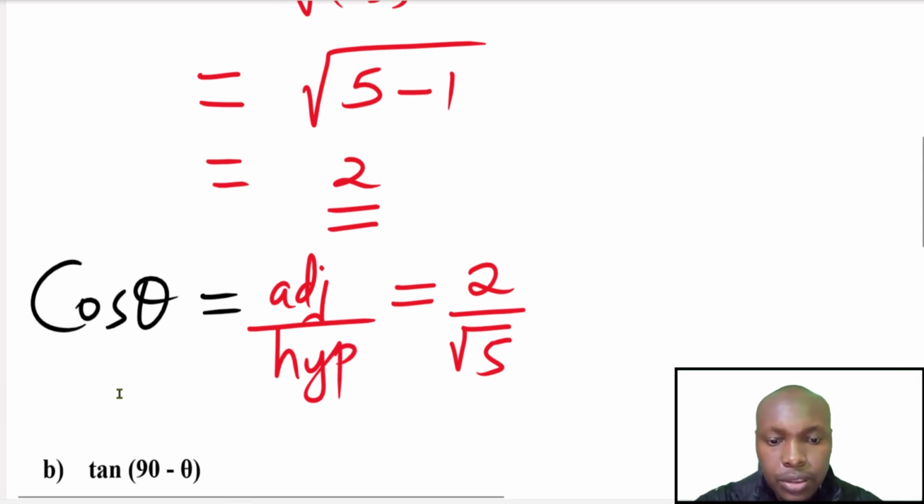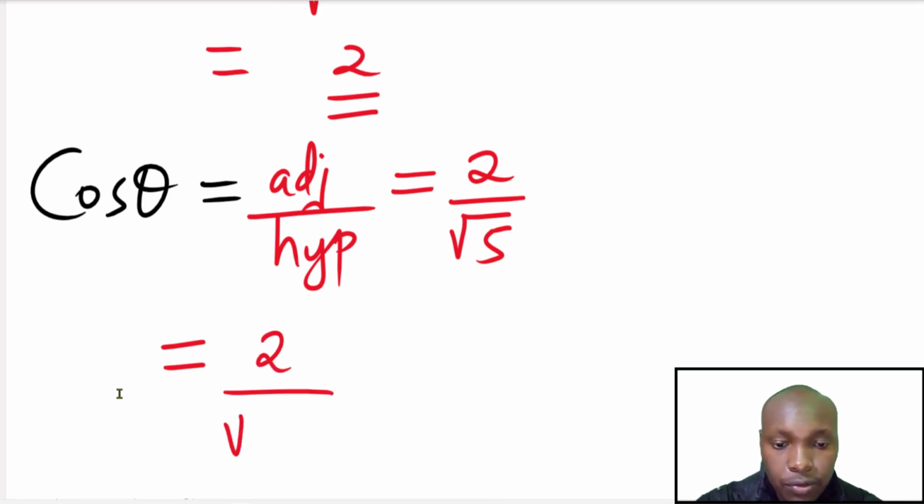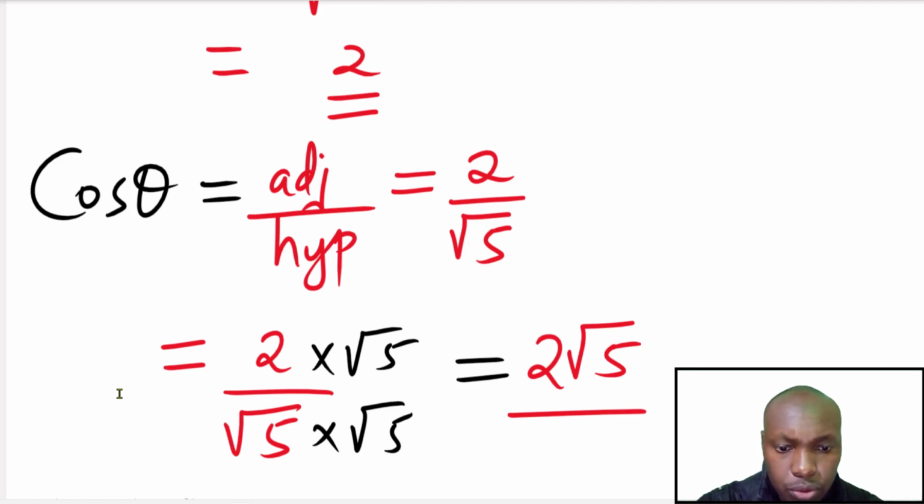Now, having obtained that, we need to indicate the answer in the required format. You're required to give the answer in the form a root b. So to do that, we just need to rationalize the denominator by multiplying both the numerator and the denominator by root of 5. That gives 2 root 5 divided by root 5 multiplied by root 5, which is 5.